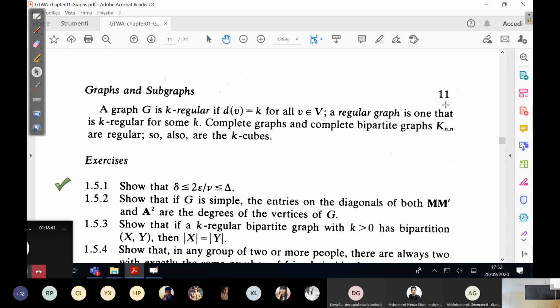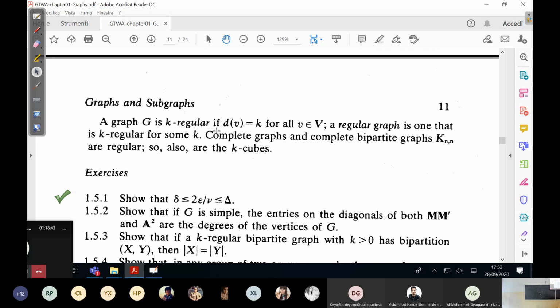okay? An important class of graphs is the one of k-regular graphs, where all vertices have the same degree. And if this degree is k, the graph is called k-regular. Okay?